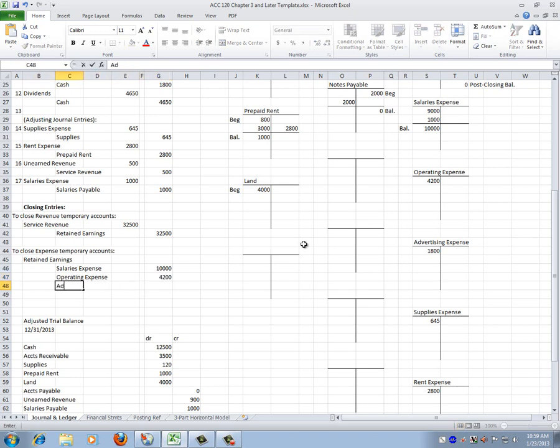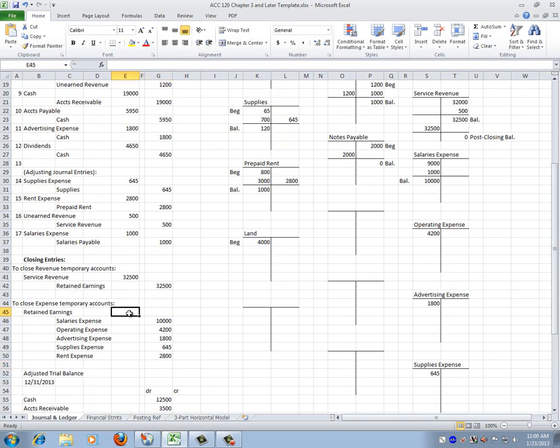Zeroing out advertising expense with a right side entry to it. Zeroing out supplies expense, $645 with a right side entry to it. Zeroing out rent expense with a $2,800 right side entry to it.